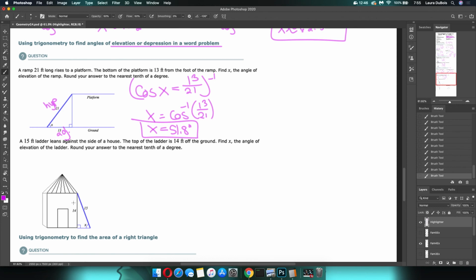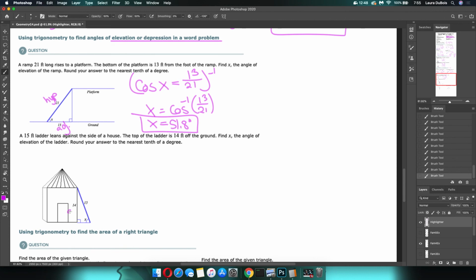Okay, not complaining. Here we have it again. That's opposite, and that's hypotenuse. Hey, we finally got to sine. So sine x equals opposite over hypotenuse.